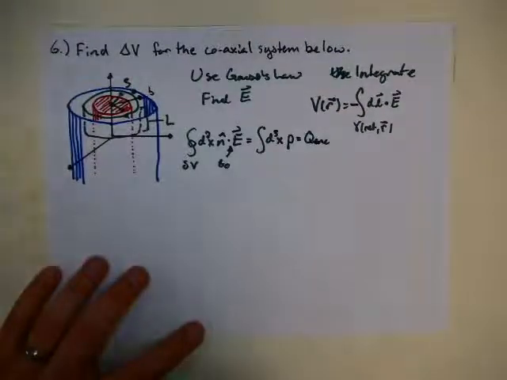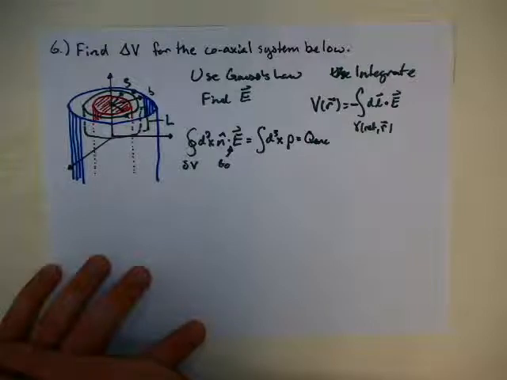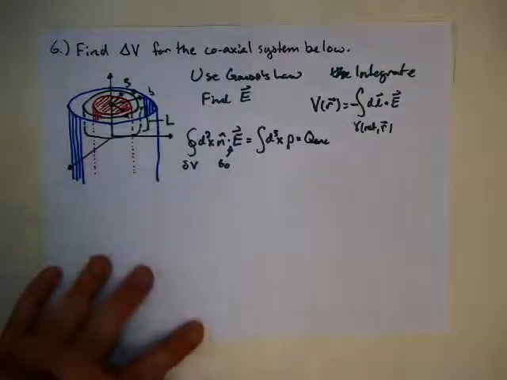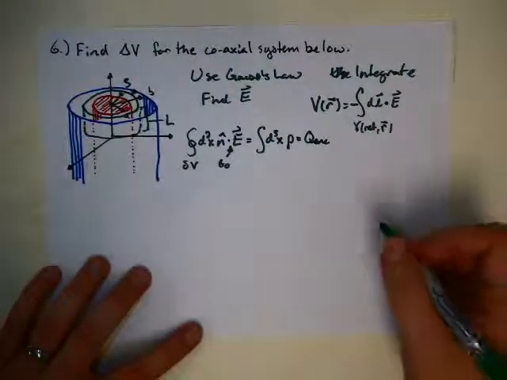We're never going to enclose the charge from the outer cylinder, so we don't have to consider it. We only need to look at two regions, inside radius A and outside radius A.